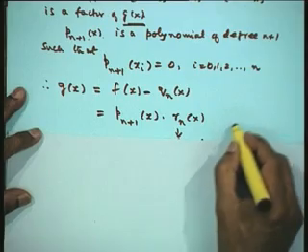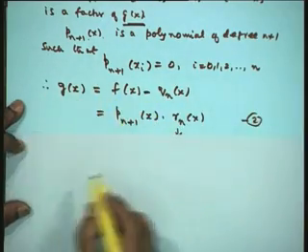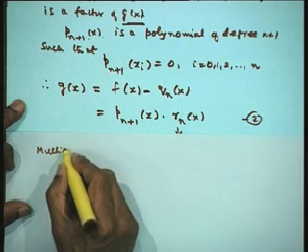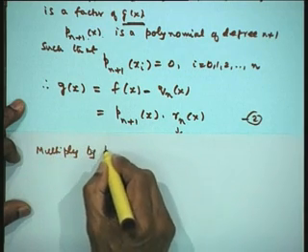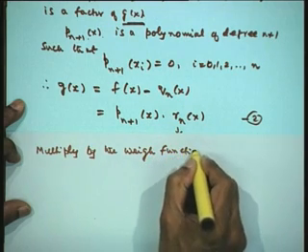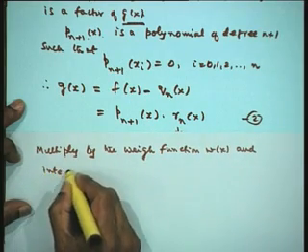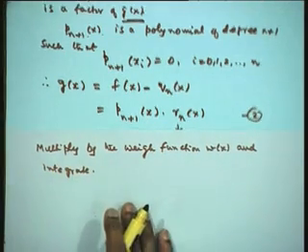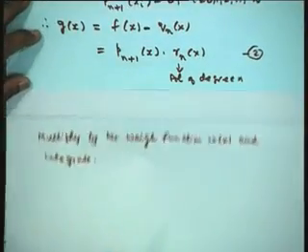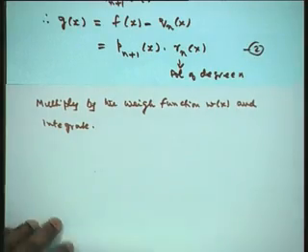Now, this is the basis of our theorem. Let us number it as 2. Let us multiply both sides by the weight function w(x) and integrate over a to b.